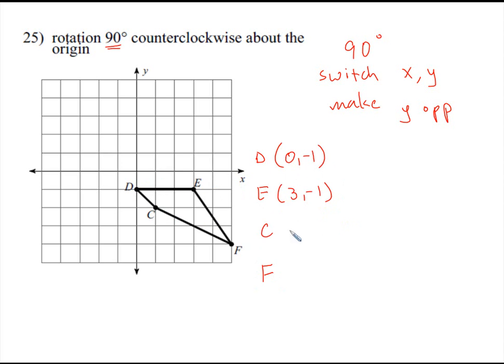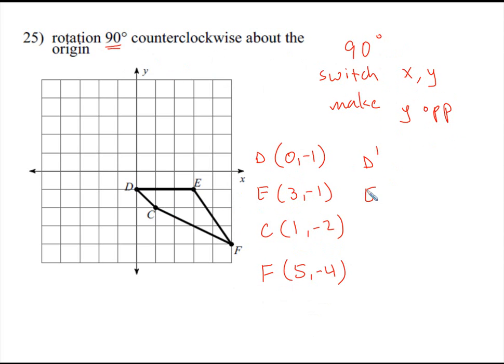C is 1, -2. And F is 5, -4. So here's my original shape, my pre-image. Now I'm going to rotate it 90 degrees counterclockwise, so I need to apply these rules.